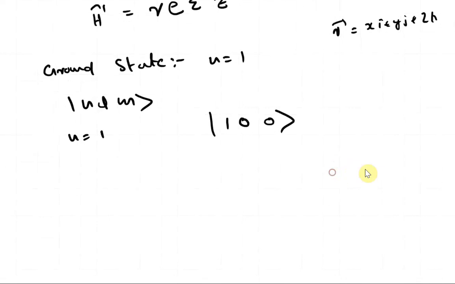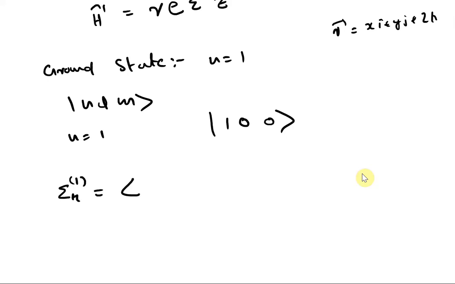Now if you want to find out the first order correction, this is not a degenerate state, so what we have to apply is our non-degenerate perturbation theory. First, how do you find out E n 1, the first order energy correction?